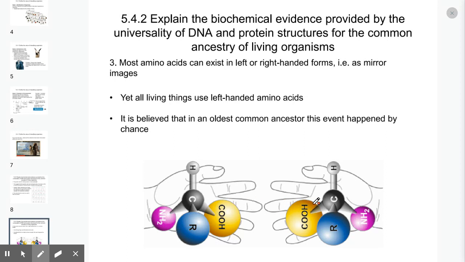So these are two different orientations that the amino acids can have, and every living thing uses this orientation right here. If every living thing on this planet decided to use this, it makes us hypothesize that this method for building proteins using this amino acid and not the other arose from one common ancestor.